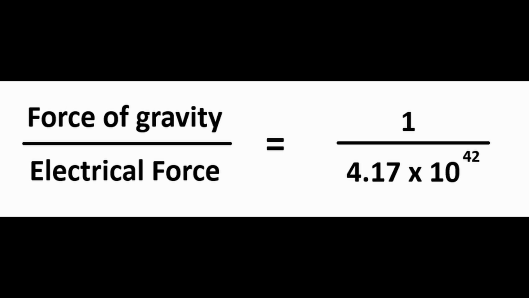This ratio does not depend on distance. It's a fundamental constant of nature. The difference in strength is enormous, with the electrical force being much, much larger. This number is a clue to a universal equation for nature. If we were ever to develop a model for the unification of all physical forces together, this constant would somehow be a part of it.